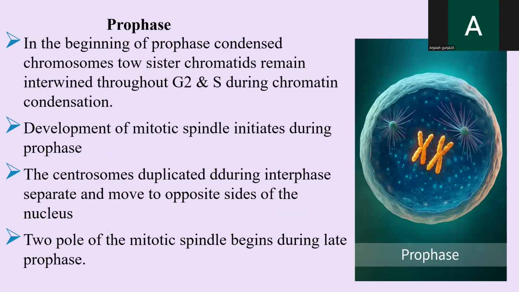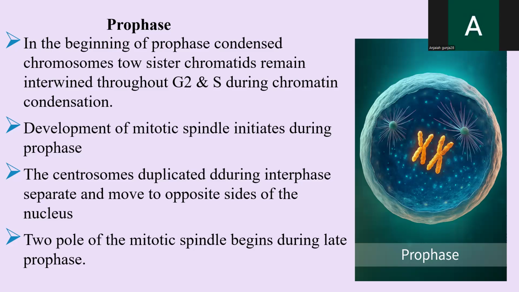Prophase. What happens in the prophase? In the beginning of prophase, the chromosomes are condensed. You can see in the picture that the chromosomes are condensed. Two sister chromatids remain intertwined throughout G2 and S during chromatin condensation. So these are the two chromosomes with sister chromatids that you can see in the prophase. Development of the mitotic spindle is also initiated during prophase. You can see the spindles starting on the left and right side.